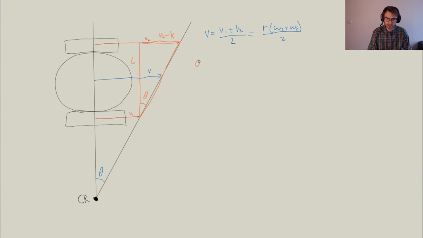So we will denote it like this: theta dot equals minus (v2 minus v1), the term in brackets, divided by L. Now why we have this minus over here is that the default positive direction of this angle is counterclockwise, and now that we're moving clockwise, we need to add a minus sign.